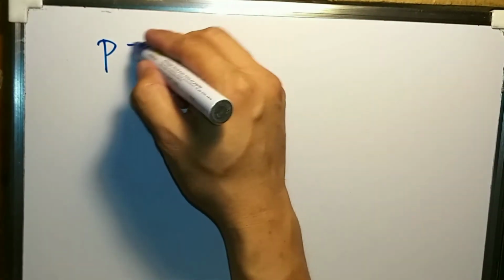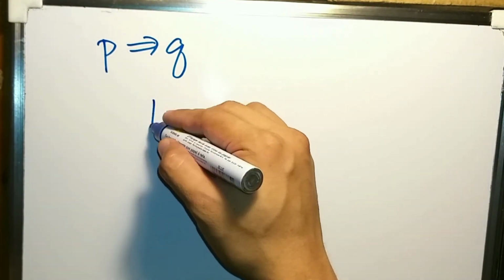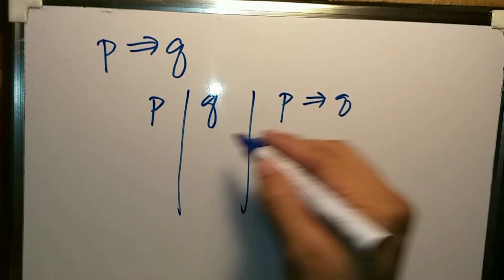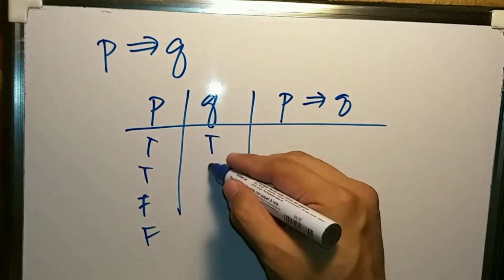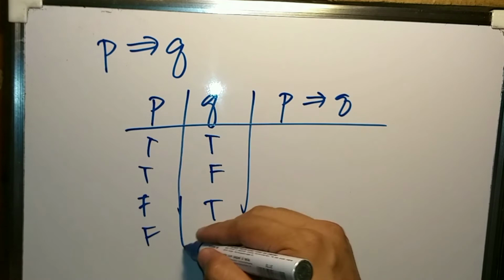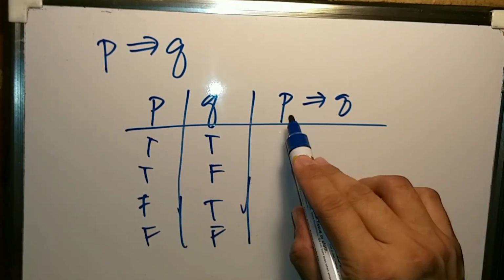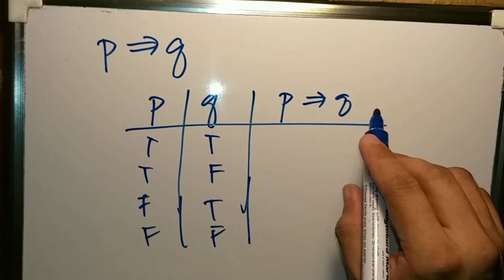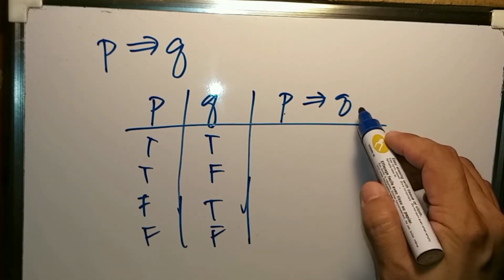Now let us write the truth table for the proposition P implies Q. So we have P, Q, P implies Q. So we have true, true, false, false, true, false, true, false. So by definition, P implies Q is said to be false if P is true and Q is false.